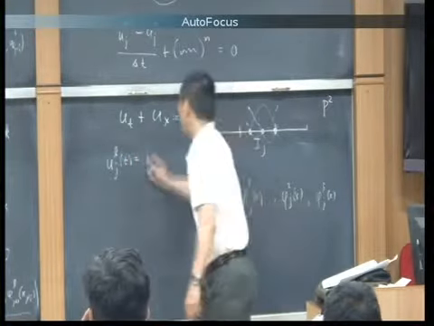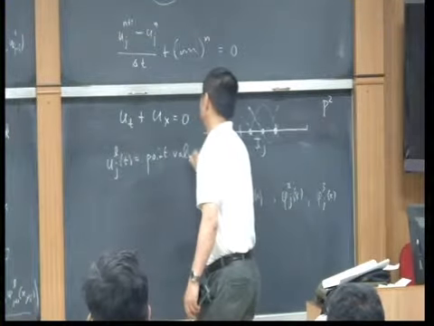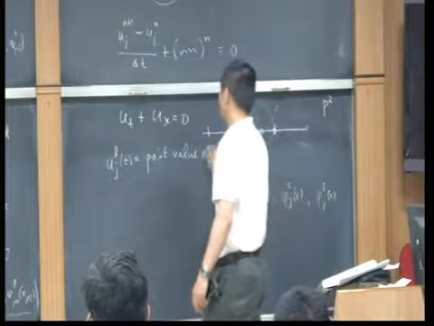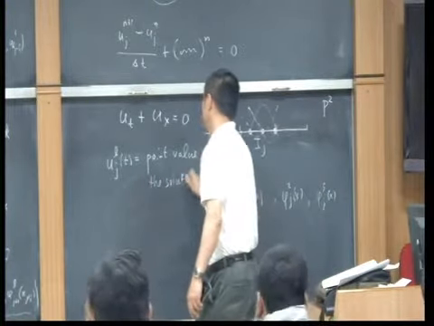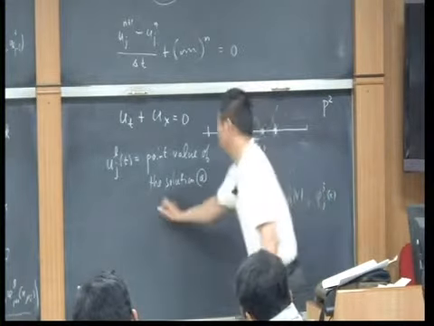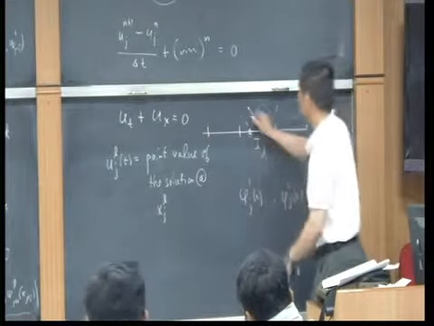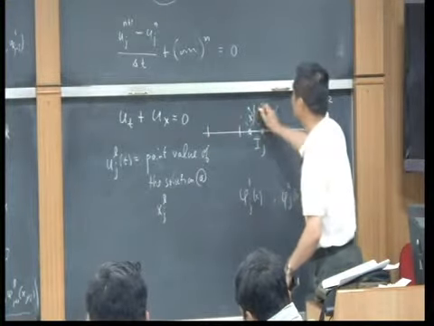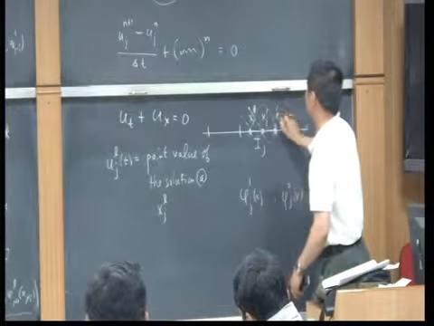equals the point value of the solution at these circles, at xj l. So I call these circles xj l. So this is xj0, xj1 and xj2.